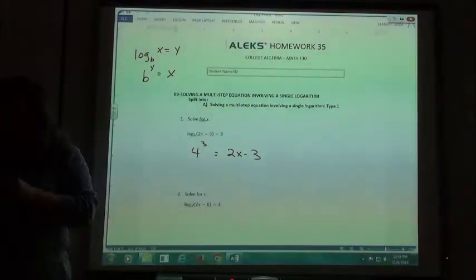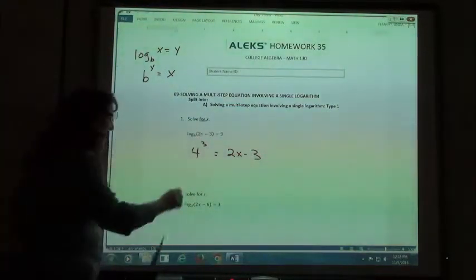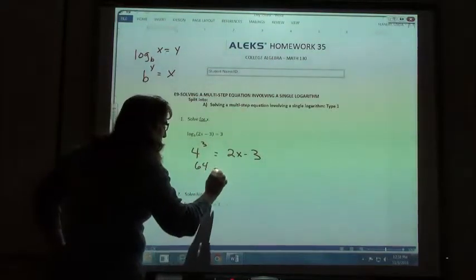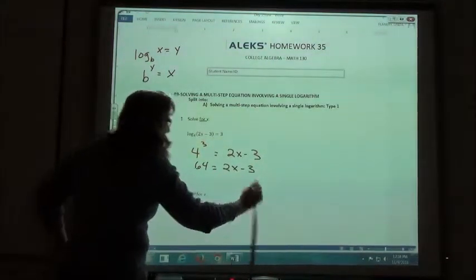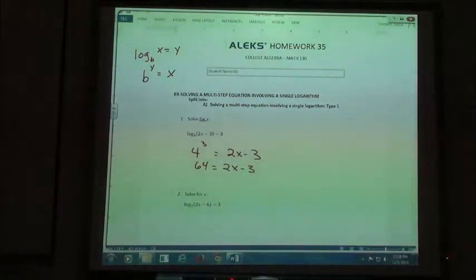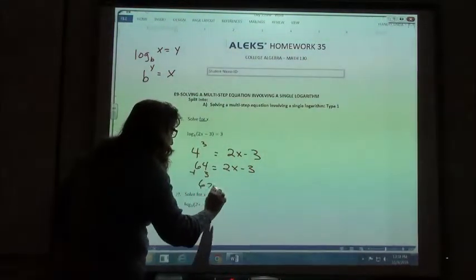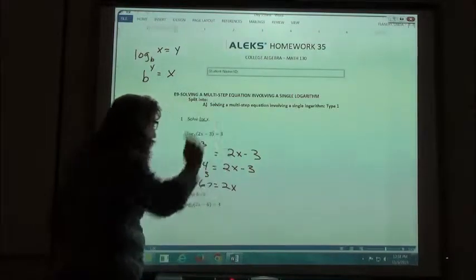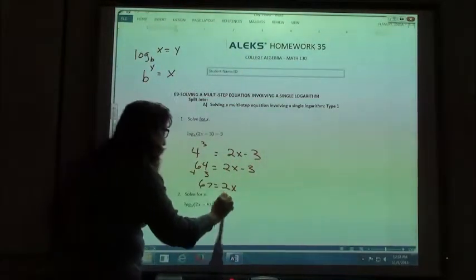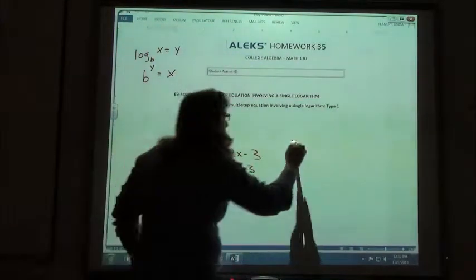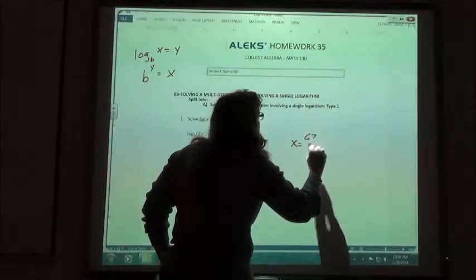Four to the third power is 64, right? 4 times 4 times 4 is 64, equals 2x minus 3. So then I'm going to add my 3. So 67 equals 2x. And then I'm going to divide by 2. And so x is going to equal 67 over 2.